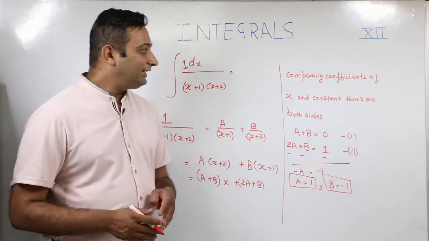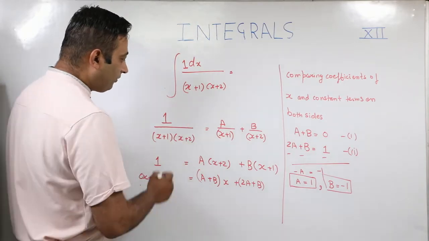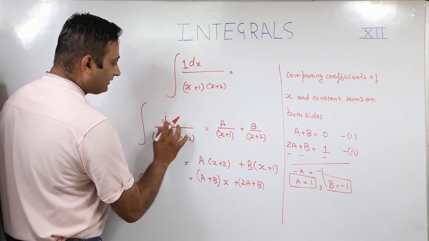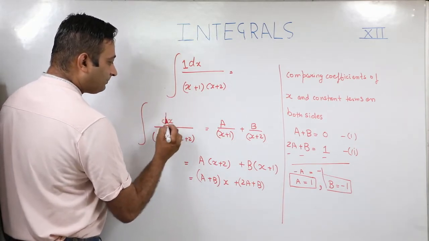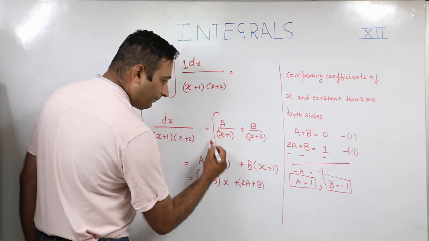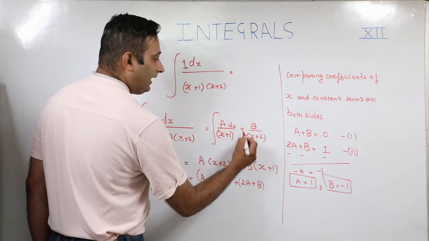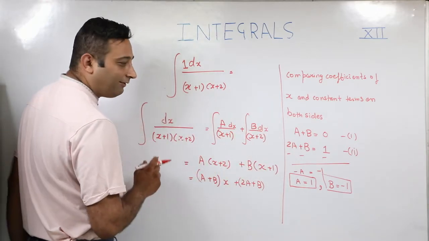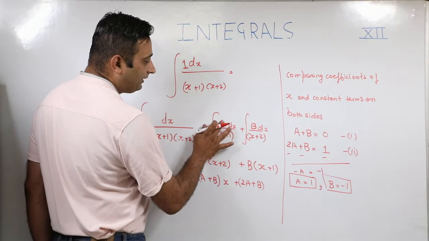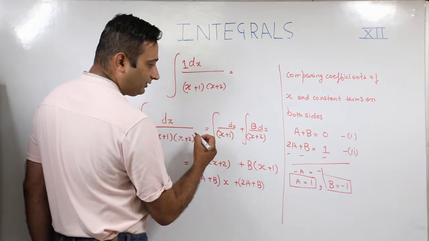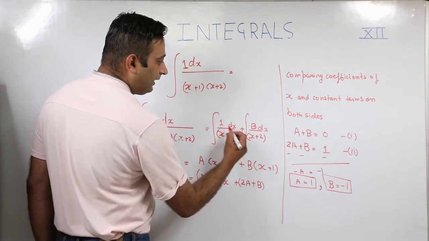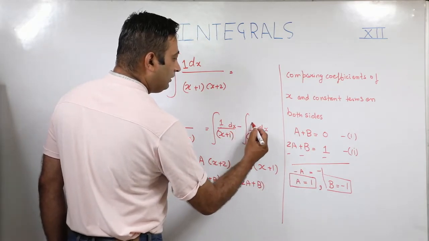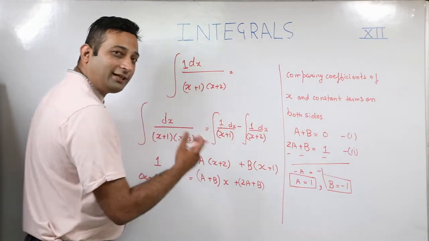Now we can easily integrate this function because we know that the integral of dx upon x plus 1 into x plus 2 will be of the form A upon x plus 1 and B upon x plus 2 dx. Now we already know the values of A and B, so we'll put here A is equal to 1 and B is equal to minus 1. So now we can easily integrate using the standard integrals.